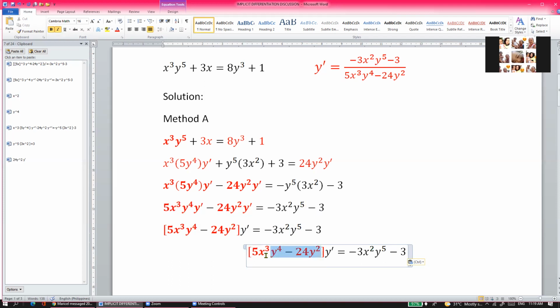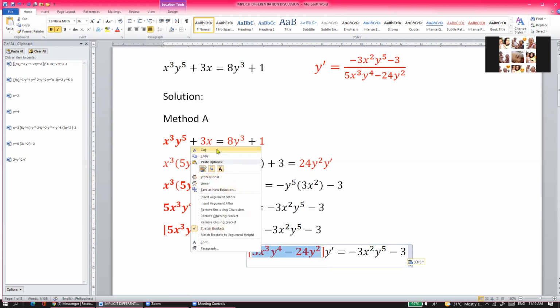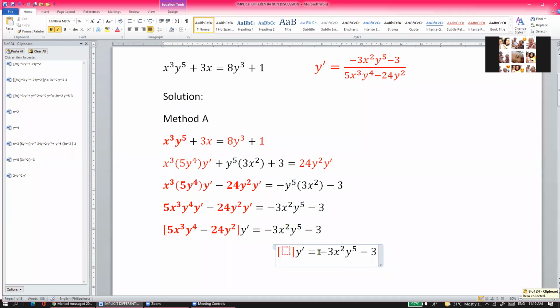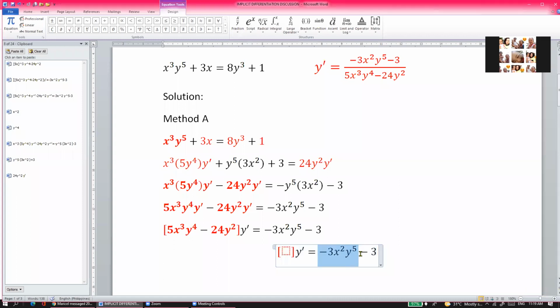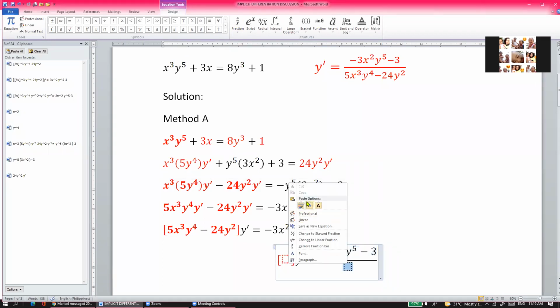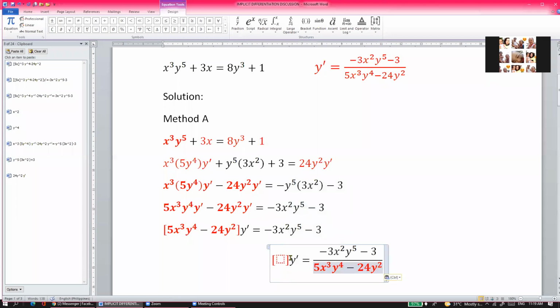Dahil i-divide ko yan sa buong equation. So i-cut ko yan and then dito sa right, lalagyan ko lang ng fraction symbol. Ito siya, yan. And then ang gagawin natin is i-paste lang natin sa denominator. And then itong nasa left, yung empty, alisin ko na.